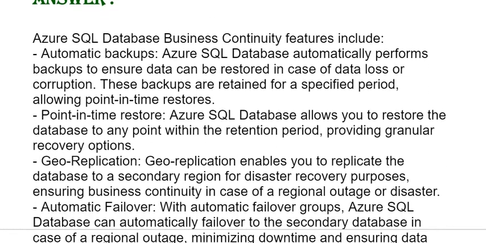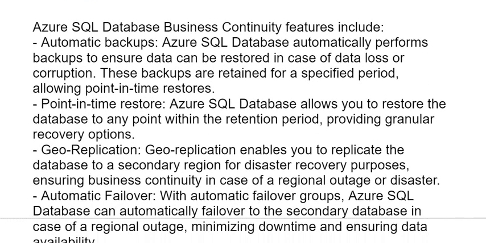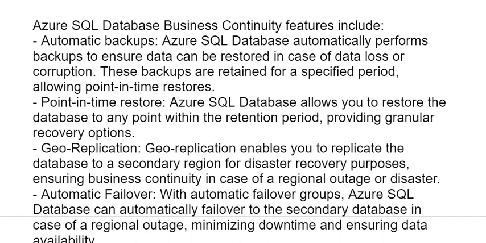The second one is point-in-time restore. Azure SQL database allows you to restore the database to a point within the retention period, providing granular recovery options. The third one is geo-replication. Geo-replication enables you to replicate the database to a secondary region for disaster recovery, ensuring business continuity in case of regional outage or disaster.